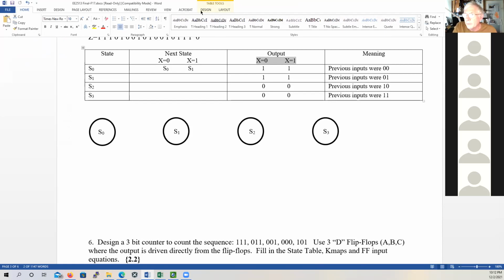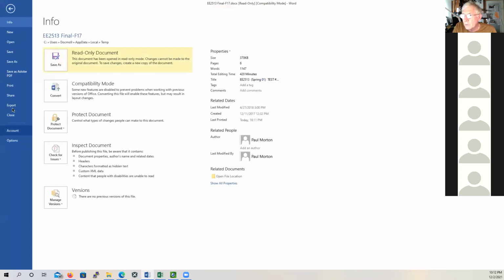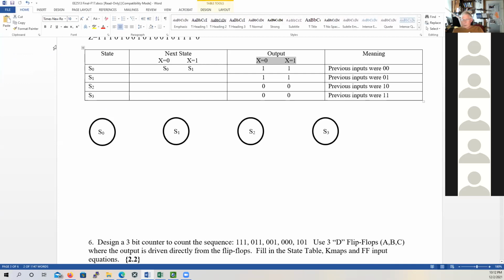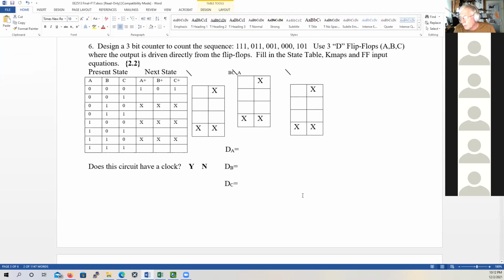All right, I printed out the wrong thing. Print out page 4 again, but now I got it. Okay, I'm just gonna do this. Okay. So here's the problem.